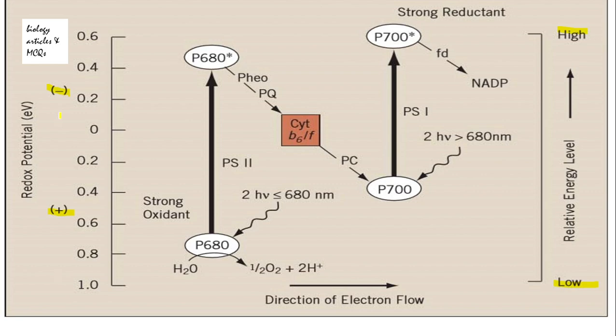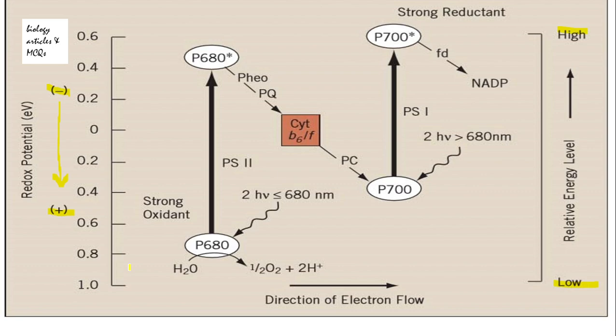The molecules of lower redox potential will transfer electrons to the molecules at higher redox potential. So this is why this scheme is now drawn in that form.